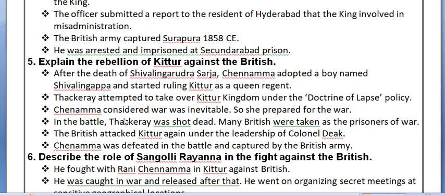Chennamma considered war inevitable, so she prepared for it. In the battle, Thackeray was shot dead. Many British were taken as prisoners of war. The British attacked Kitturu again under the leadership of Colonel Deck. Chennamma was defeated in the battle and captured by the British army.